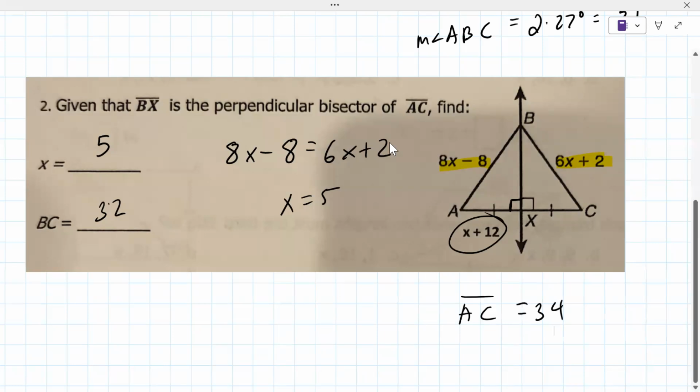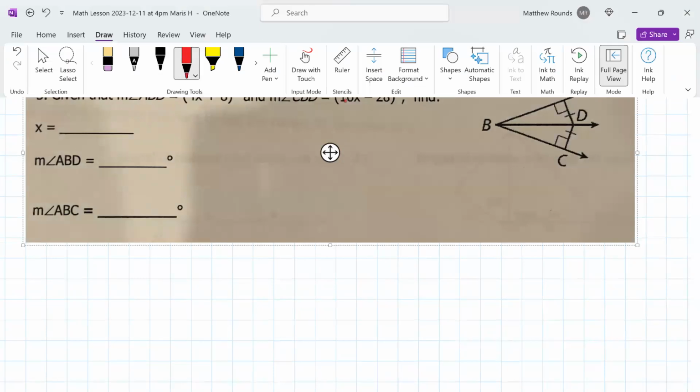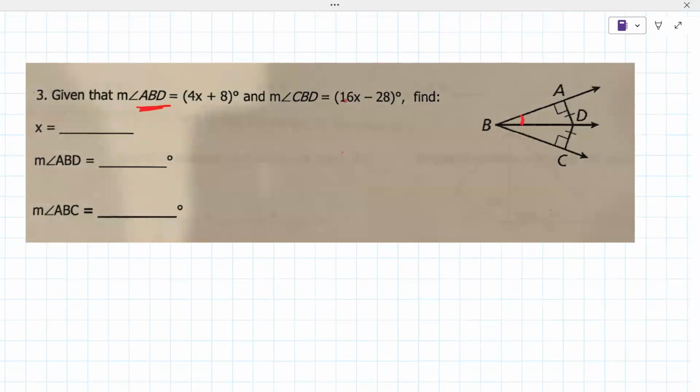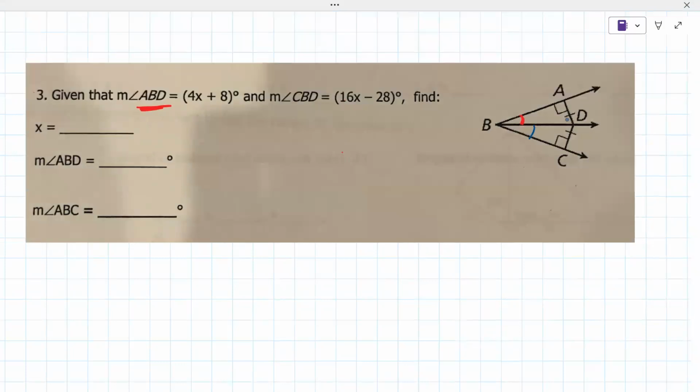Let's see. Keep going here. All right. Given the measure of angle ABD, so that's this little one, and then CBD, C to B to D, is this one over here.